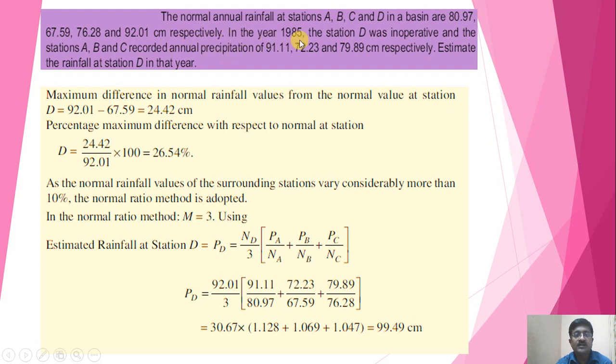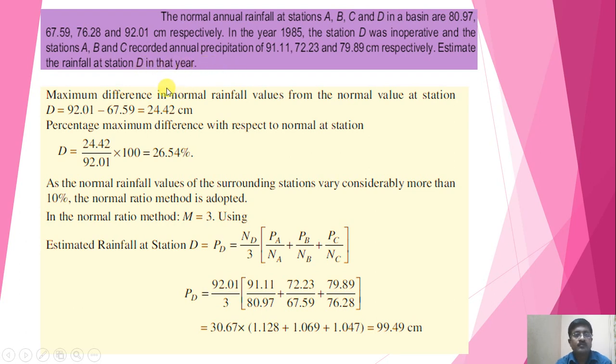In the year 1985, station D was inoperative and stations A, B and C recorded annual precipitation of 91.11, 72.23 and 79.89 centimeter respectively. Estimate the rainfall at station D in that year.